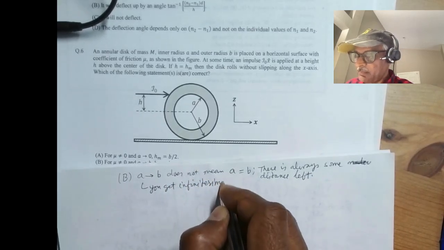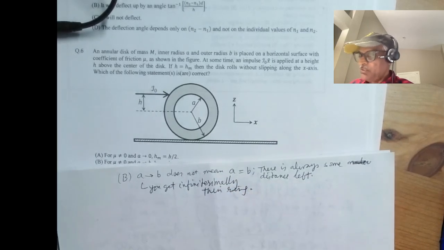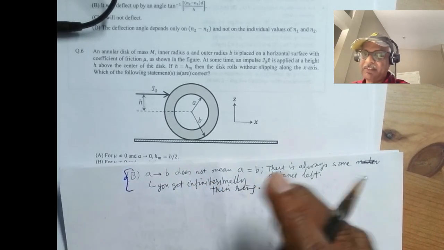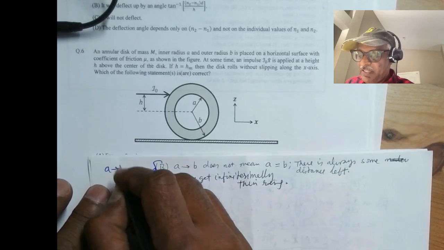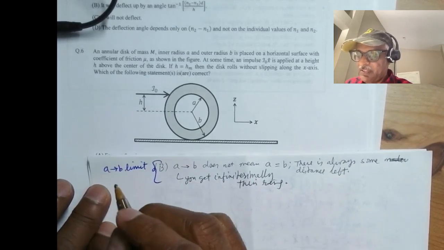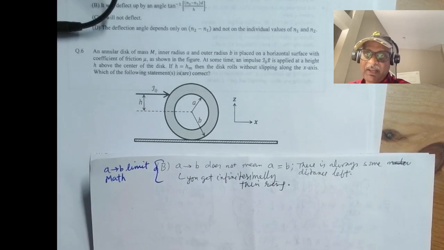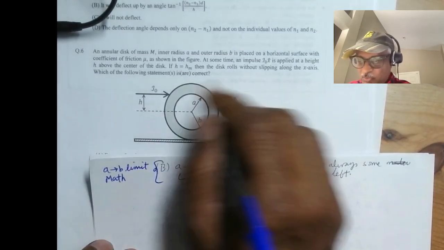If you don't do this thinking and you just take the A goes to B limit in your formula, like a math problem, you will be misled. In physics, when we say take a limit like this, you have to go back and look at what you got. Did I throw the baby out with the bathwater? Did I throw out the problem? So here it will remain a ring.